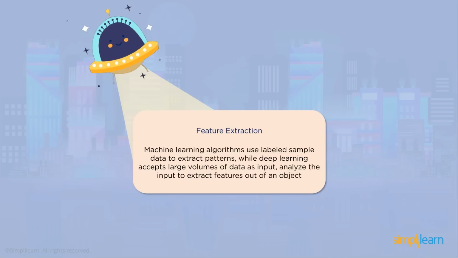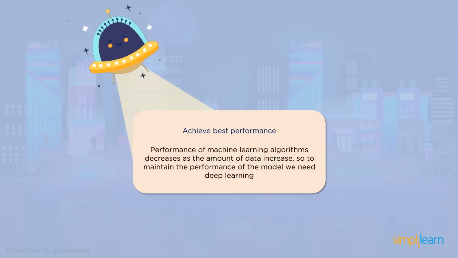Feature extraction: machine learning algorithms use labeled sample data to extract patterns, while deep learning accepts large volumes of data as input and analyzes the input to extract features out of an object. Achieve best performance: the performance of machine learning algorithms decreases as the amount of data increases. So to maintain the performance of the model, we need deep learning.